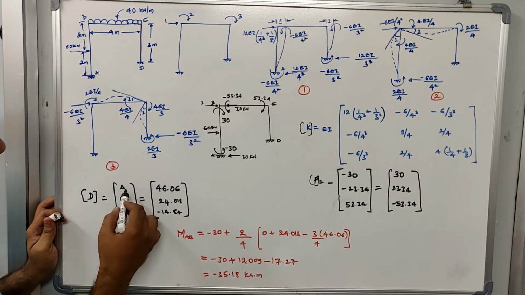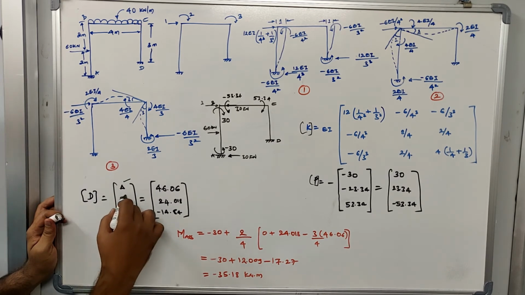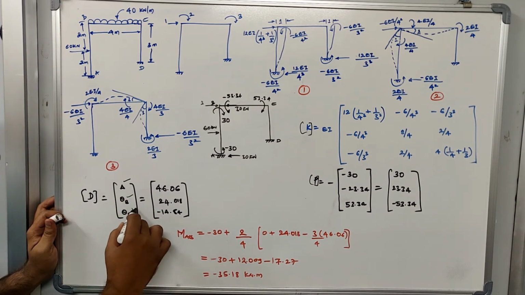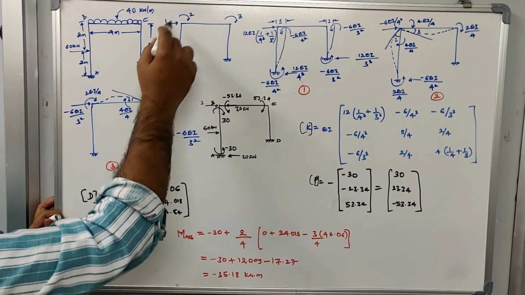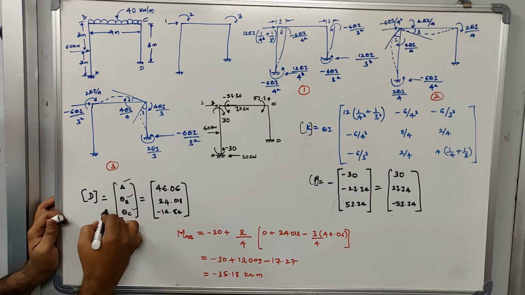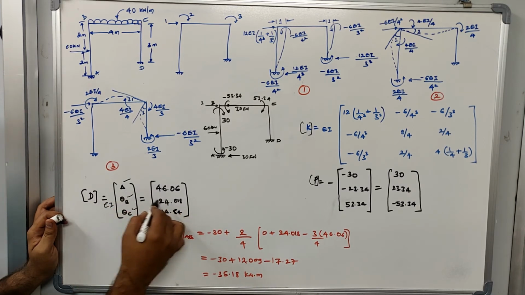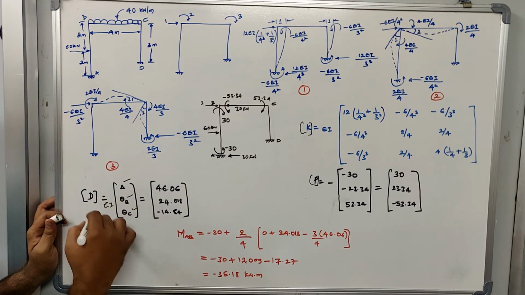In the displacement matrix, first is our delta value, second is your theta b value, and the third is our theta c value, according to the coordinate system that we assigned. So the values we get here are EI delta, EI theta b, EI theta c. How do we solve this?